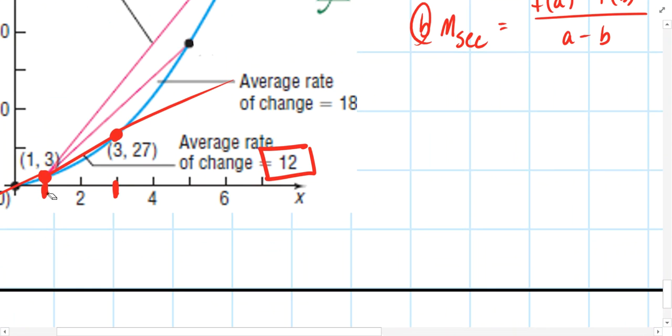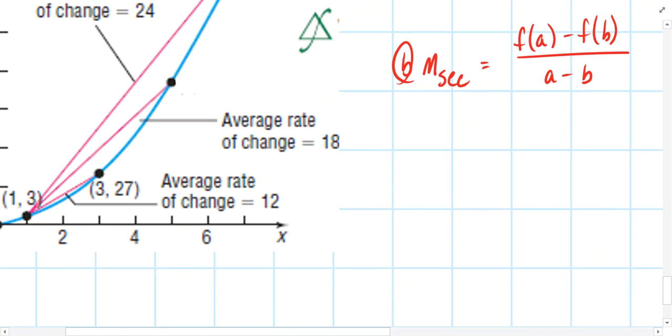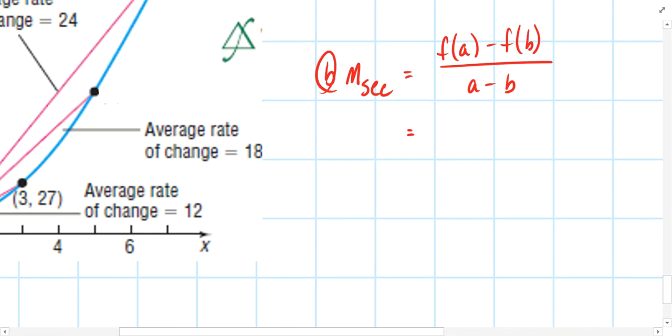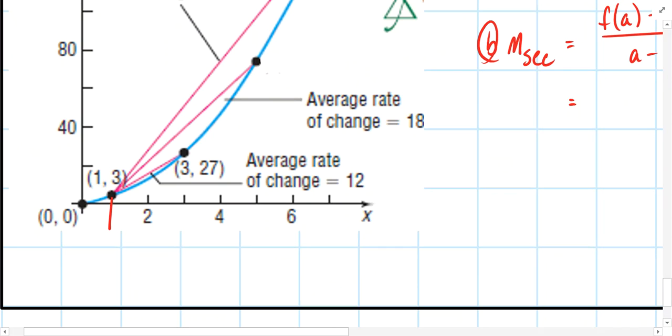Now, order doesn't really matter when we're using coordinates, as long as we use the same order in the numerator and the denominator. If we choose a first, then b in the numerator, then we should use a, then b in that order in the denominator. So I'm going to use a being 1, and in this case I'll use b to be 5.